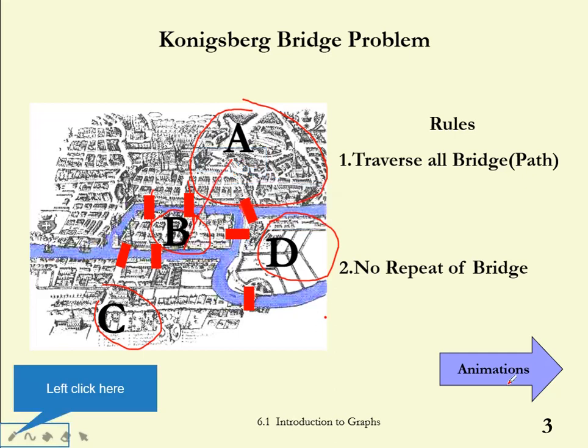It was built in such a way that a person from landmass A has to visit B and D and C and then go back to his home at A, something like this. So that was the purpose when they started with this problem.